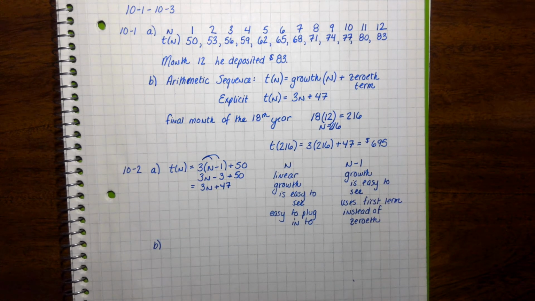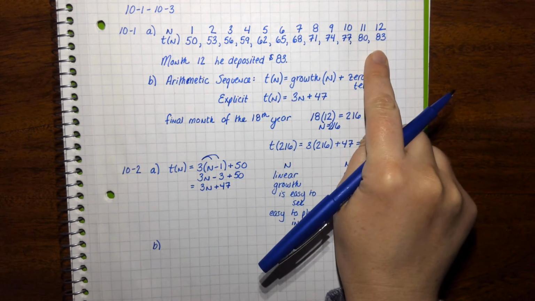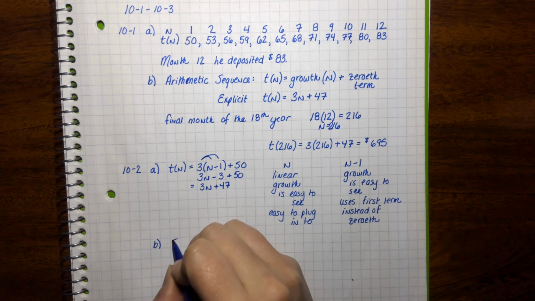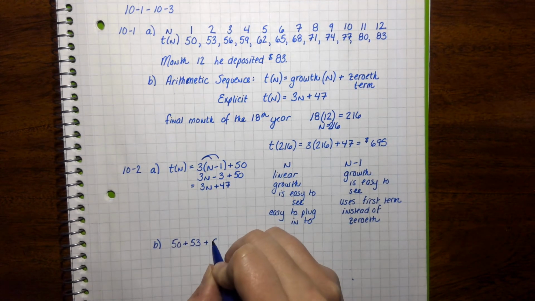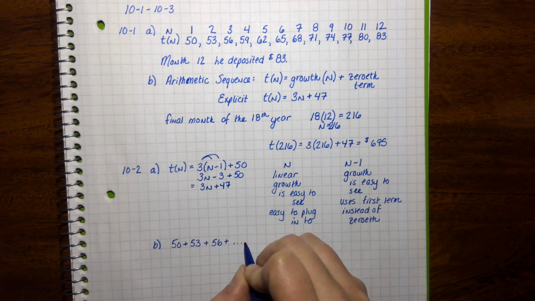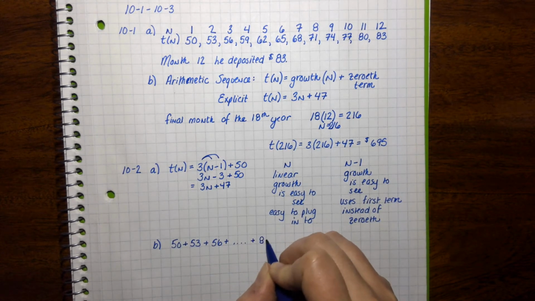B. Determine the amount of money in Angela's college fund at the time of her first birthday after Uncle Zachary had made exactly 12 deposits. So they want us to add all of this up. 50 plus 53 plus 56 plus ... plus 83.